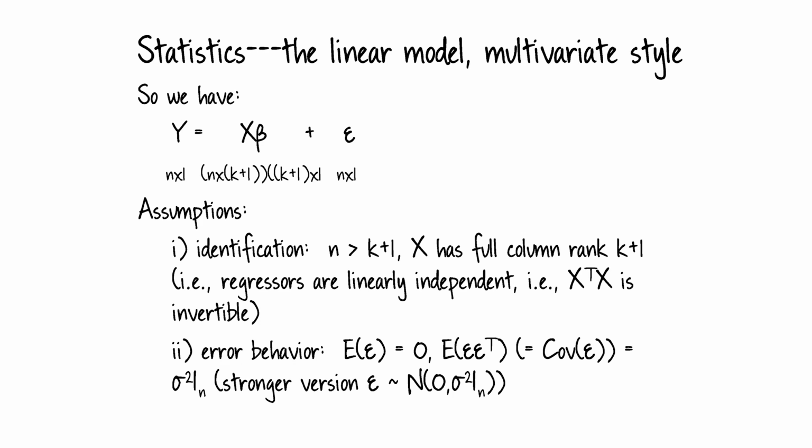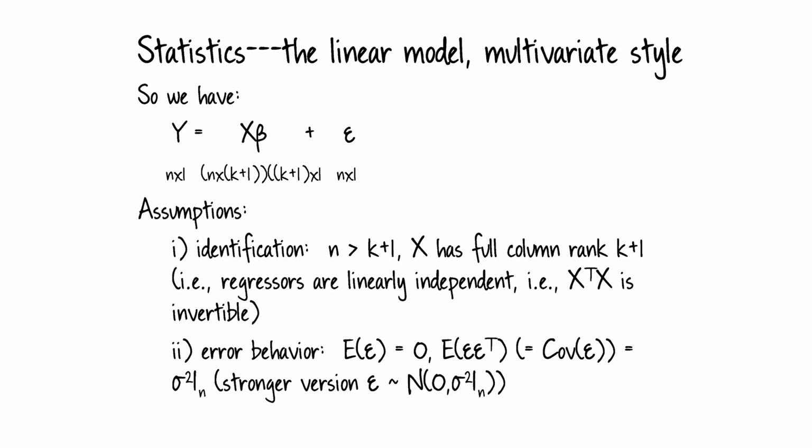And x has to have full column rank of k plus 1. What does that mean? It means the regressors have to be linearly independent, or another way of saying this is that the matrix x transpose x is invertible. I'm going to go through this in more detail in a second.